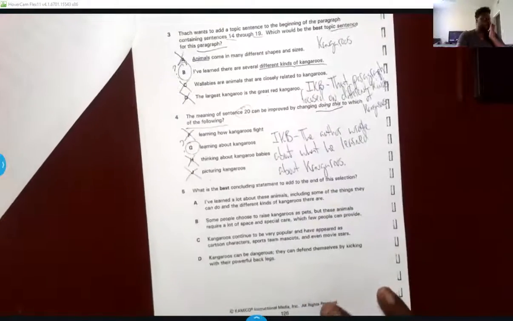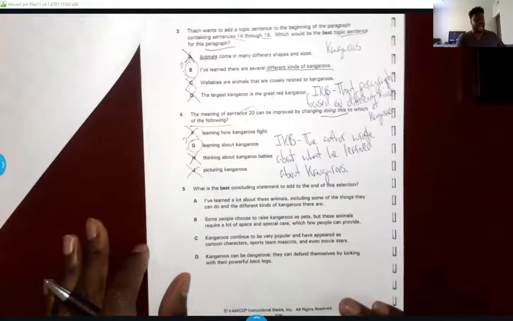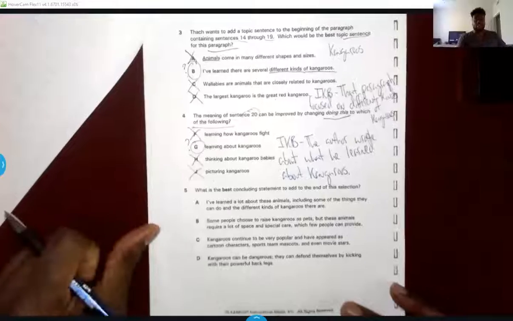Okay, the author wrote about what he learned about kangaroos. So obviously, G is the only one that makes sense.